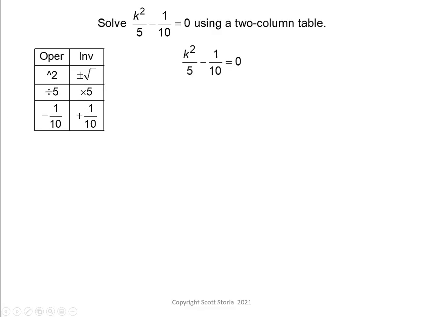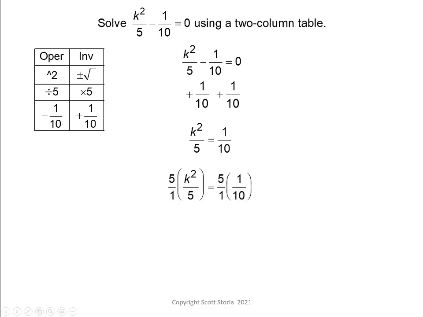I start with my original and add 1/10 to both, because that's what the bottom of the right column tells me to start with. I then simplify. I move up a row. I multiply both expressions by 5. The 5s will reduce, leaving a k squared, and here they'll leave a 1/2.